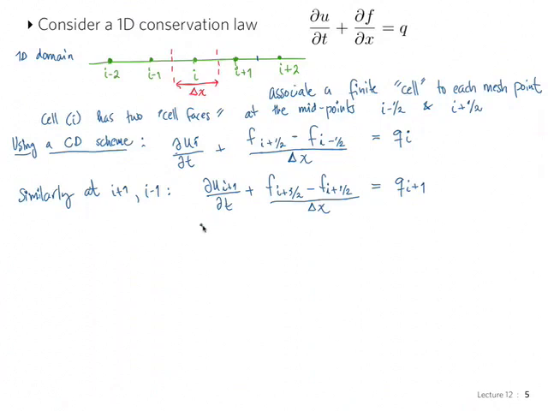Now for the point at I minus 1, we will be looking at this central difference here, so it's f at I minus 1/2 and f at I minus 3/2, where by f at I minus 3/2 I mean this point here.